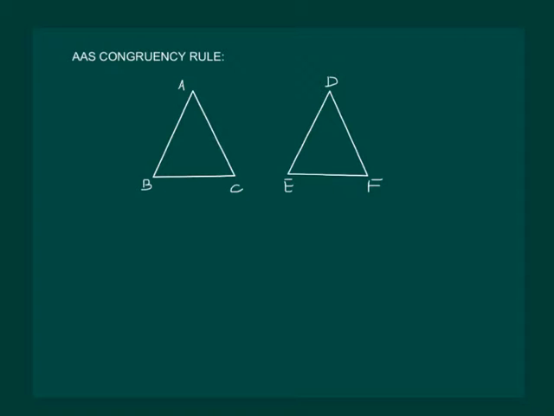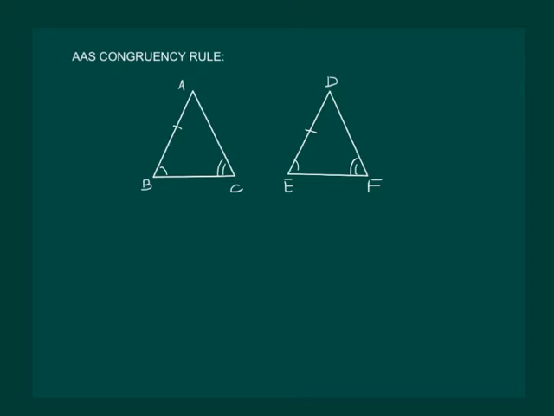Suppose now in two triangles, two pairs of angles and one pair of corresponding sides are equal. Say AB is equal to DE.